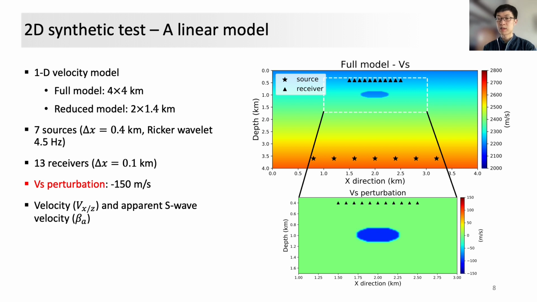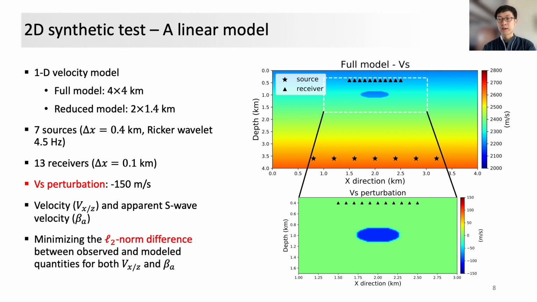To perform localized inversions, we store the wavefield along the dashed square beforehand under the known background model so that we can apply the wavefield injection method to efficiently simulate local wave propagation within the targeted region. We choose the classic L2 norm misfit function to iteratively minimize the difference between modeled and observed data.